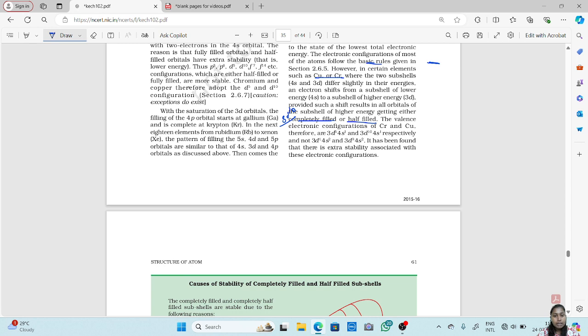Okay. The valence electronic configurations of Cr and Cu therefore are 3d5 4s1 and 3d10 4s1 respectively, and not 3d4 4s2 and 3d9 4s2. So instead of this electronic configuration, they have this electronic configuration. Okay, it has been found that there is extra stability associated with this electronic configuration.